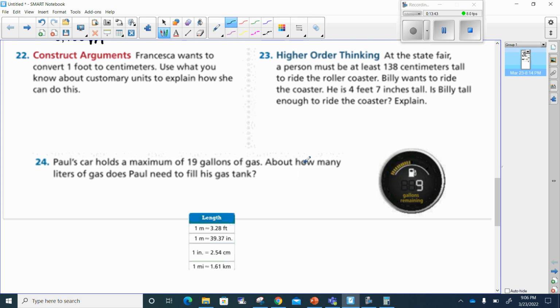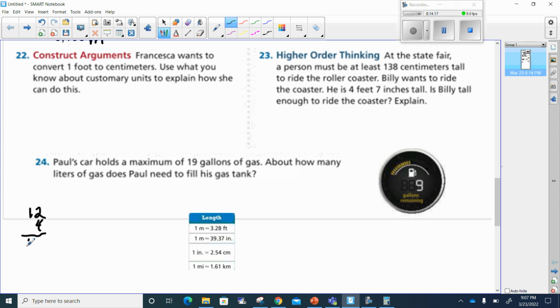All right, so it's telling me that, first of all, I need to convert these feet all the way to inches, so I'll know how many inches, because we have centimeters to inches. We don't have centimeters to feet, okay? So I know that there are 12 inches in a foot. So I can say that 4 times 12 will tell me how many inches 4 feet is.